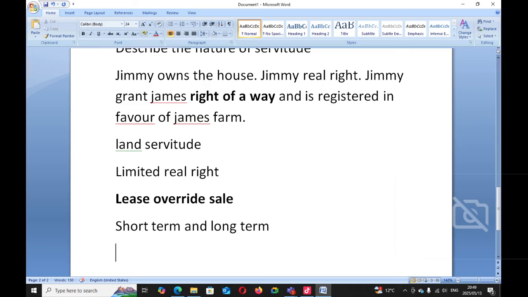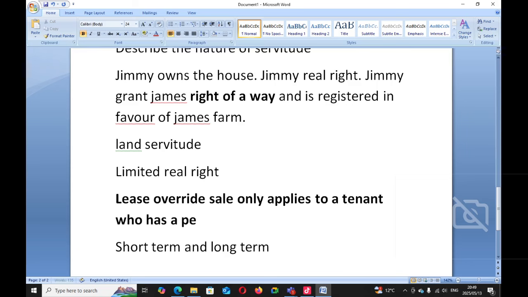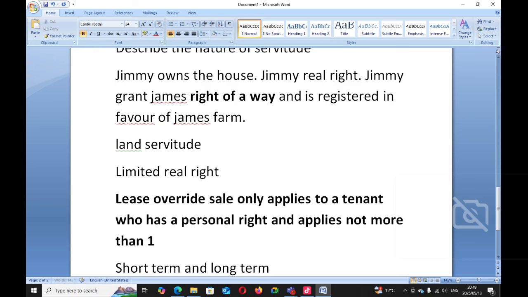Lease overrides sale only applies to a tenant who has a personal right and applies to leases of not more than 10 years.